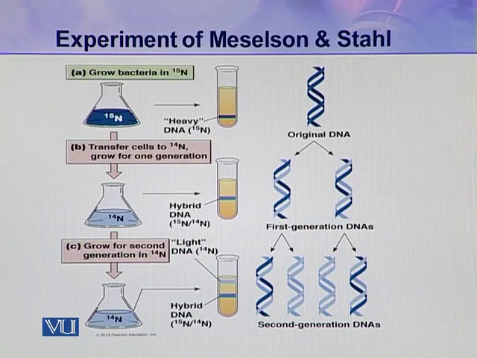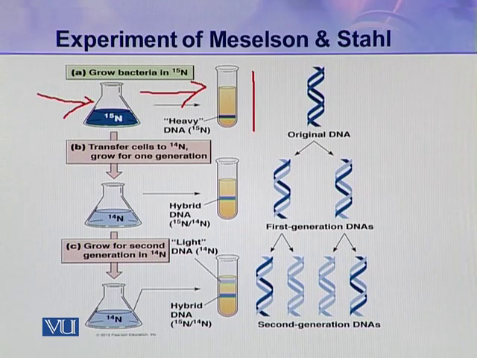So they performed this experiment. They first grew the bacteria, E. coli, in a medium which contained N15. After several generations, they took the DNA and centrifuged it. After centrifugation, they observed that all the DNA contained N15, that is, it was heavy DNA.